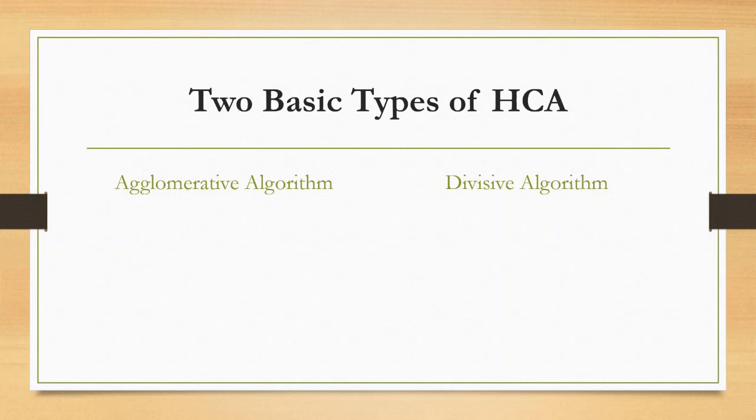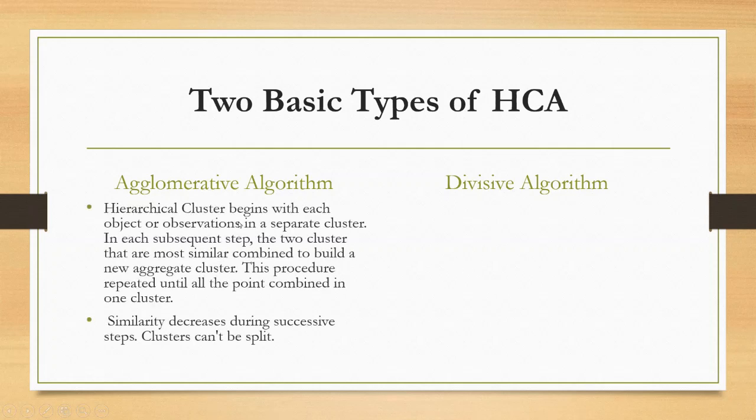So there are two basic types of hierarchical cluster analysis. Number 1 is the agglomerative algorithm, then the other one is the divisive algorithm. In the agglomerative algorithm, the hierarchical cluster begins with each object or observation in a separate cluster, right?